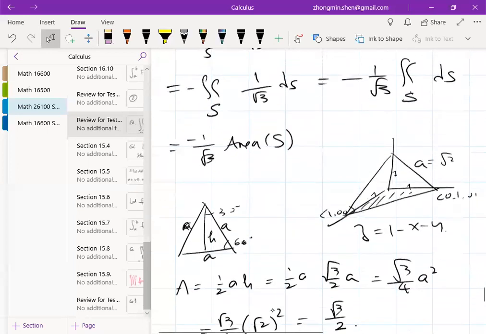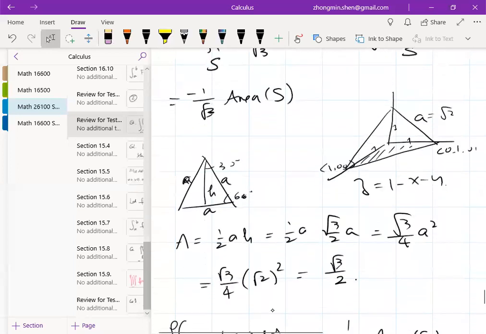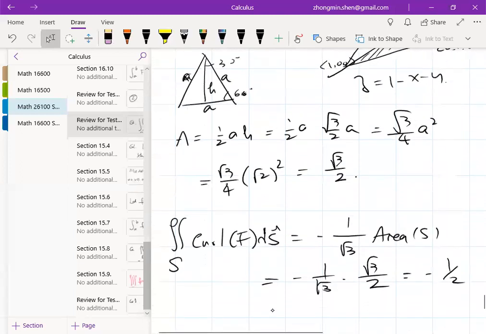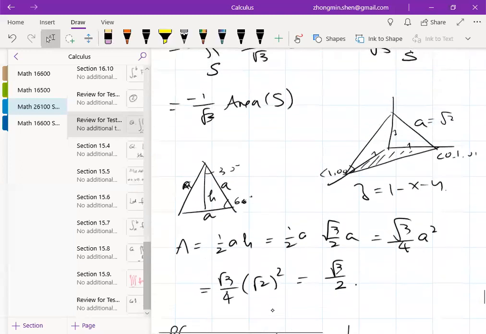If I want to parameterize it, I still can get the same answer, square root of 3 over 2. Where's the square root of 3 over 2 from? You use a parameterization for this.